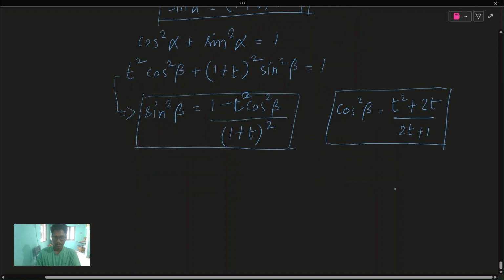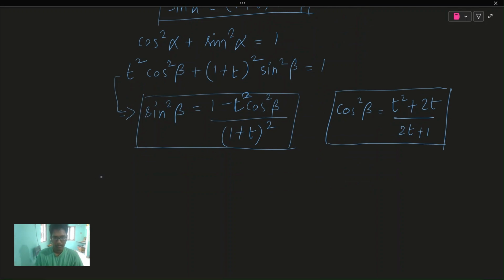Okay. So this is the equation. Now, this is sine square beta and cos square beta, what we have inferred.